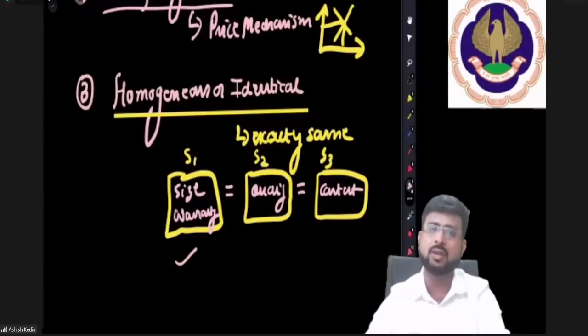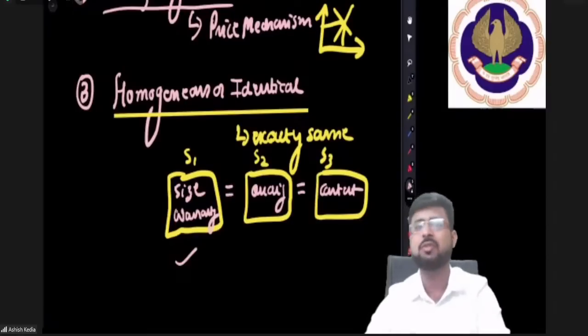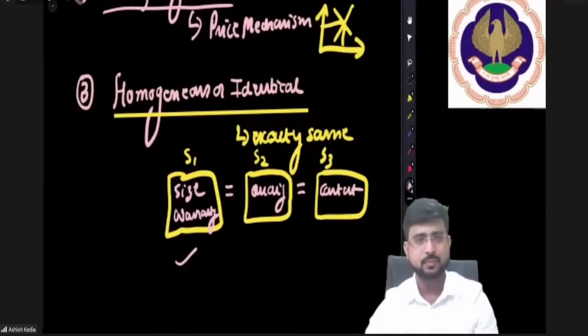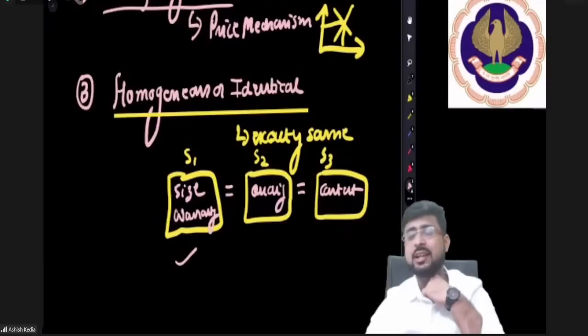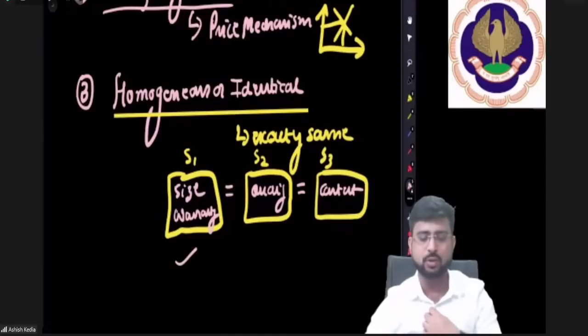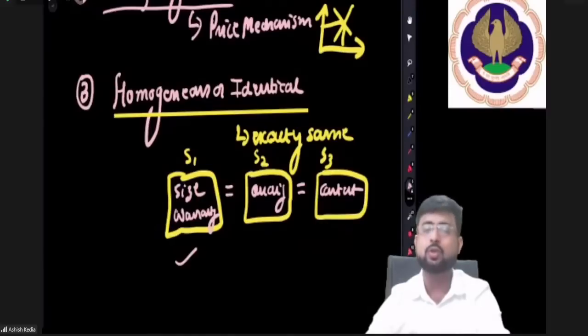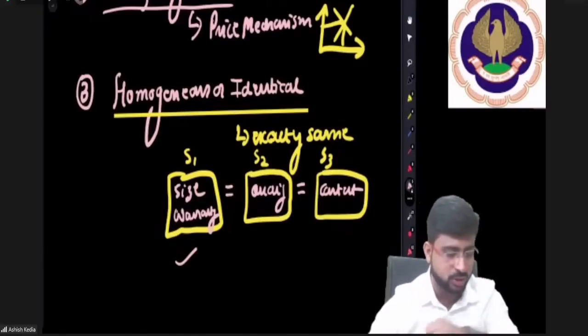If seller 1 gives a warranty of 2 years, seller 2 and 3 will also give a warranty of 2 years. Color, brand, warranty, guarantee, service conditions are all the same. Why use the word similar? They are exactly the same. That's homogeneous or identical.